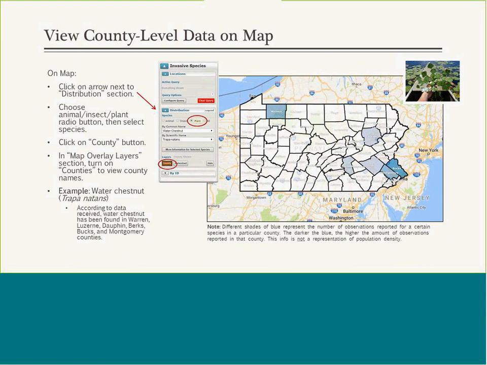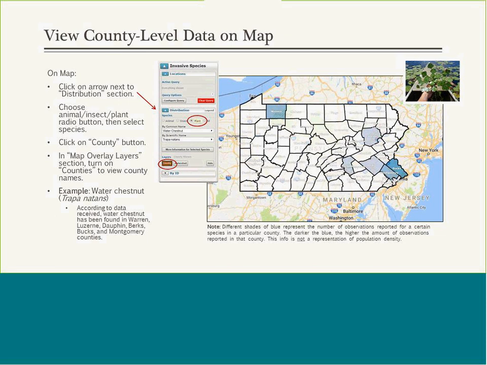So there's also some really cool features in iMap where you can look at county level and watershed level data. And this is kind of cool as far as using the map to really highlight the counties that are being impacted by certain species. So I wanted to look at something for just the county level. That's what we're going to talk about here.